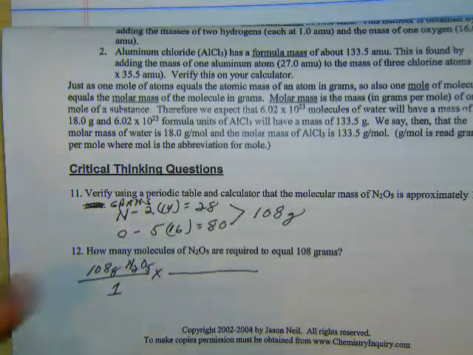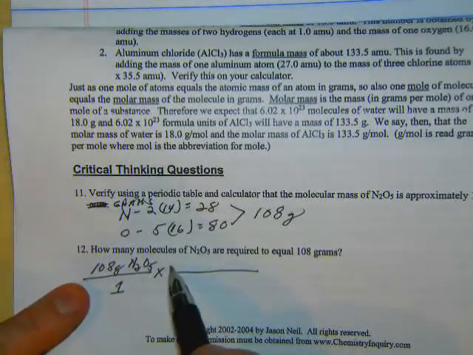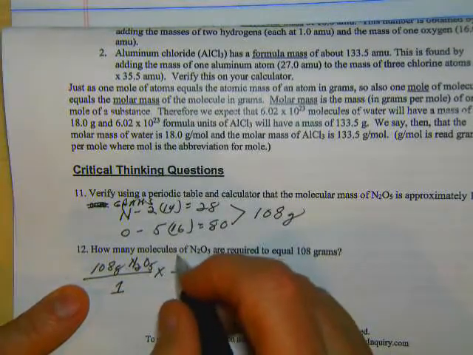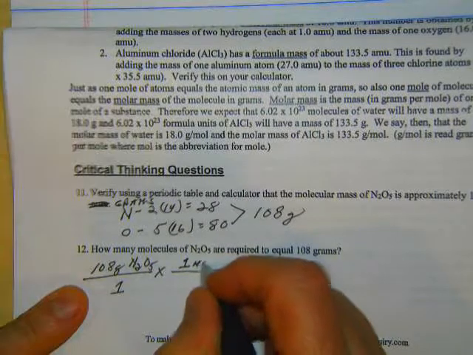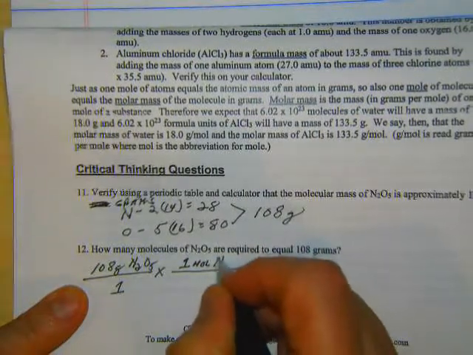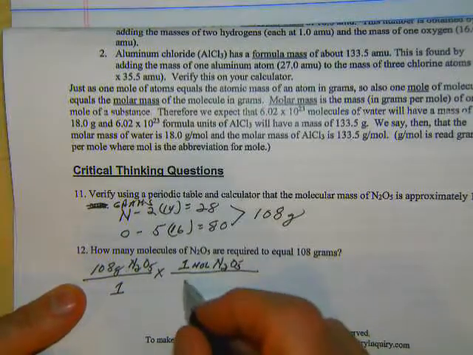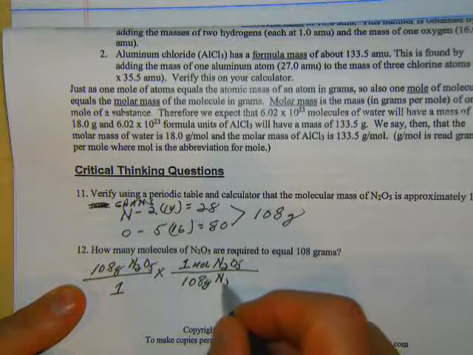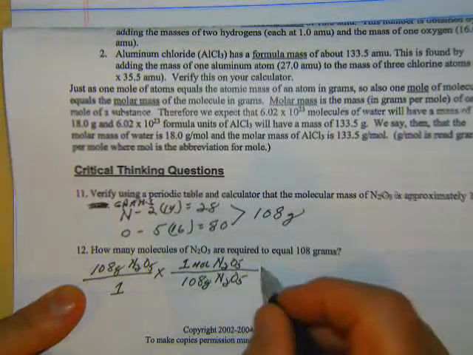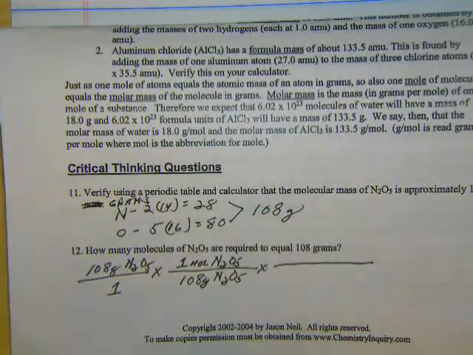So we need to find the molecular mass of N2O5. So we want to know how many moles of N2O5 are in 108 grams of N2O5. Then from there, we want to know how many molecules.